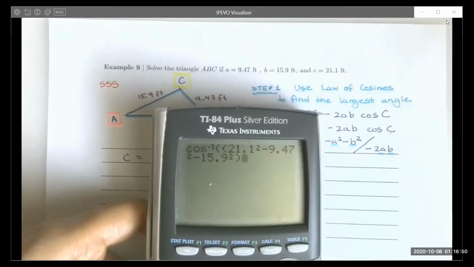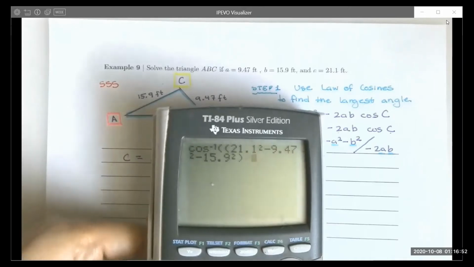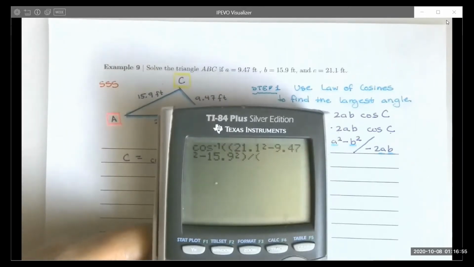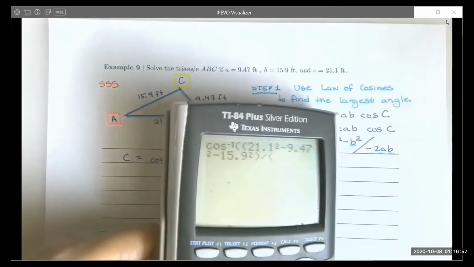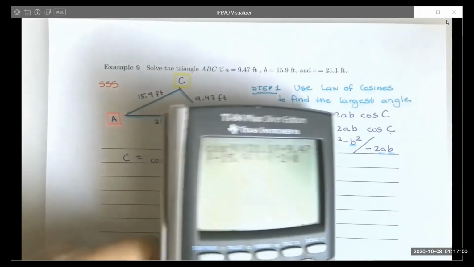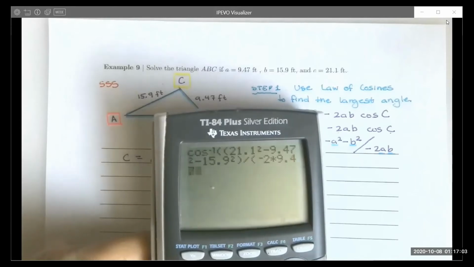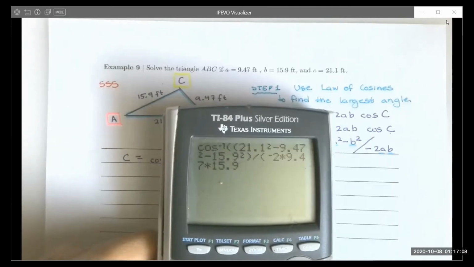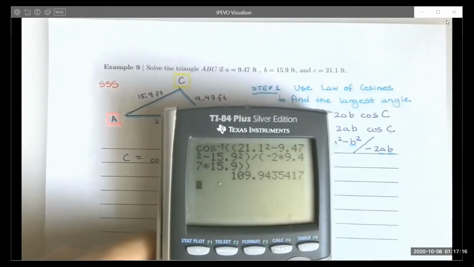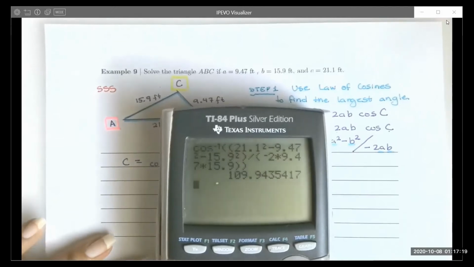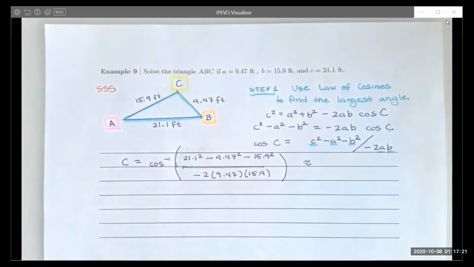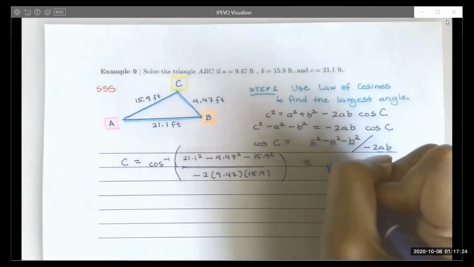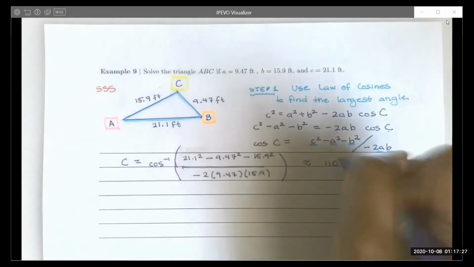Okay, and then close the parentheses to close the numerator, divided by, I'm going to open parentheses to encompass the denominator, negative 2 times 9.47 times 15.9. Now I'm closing the denominator and then closing the cosine inverse, and that gives me approximately 110 degrees. I'm going to round to the nearest whole degree. So approximately 110 degrees.